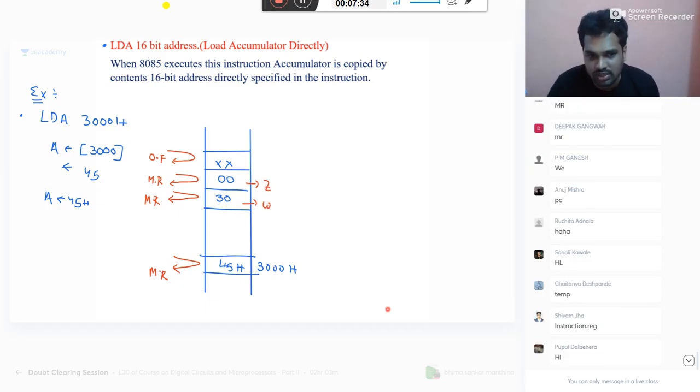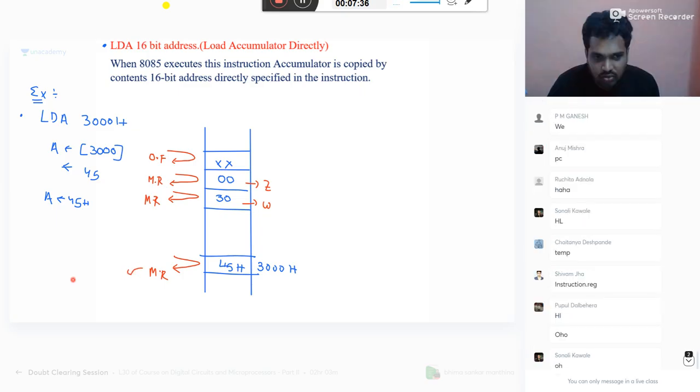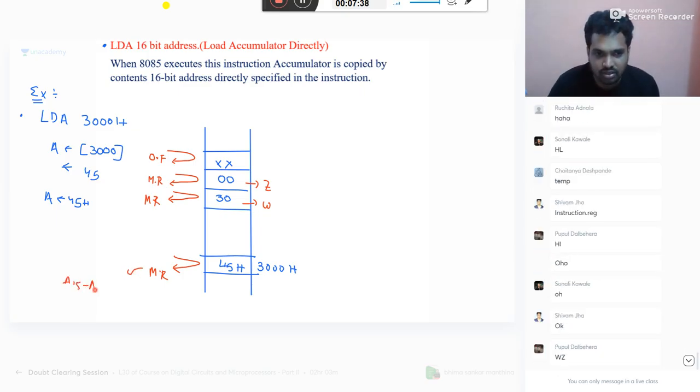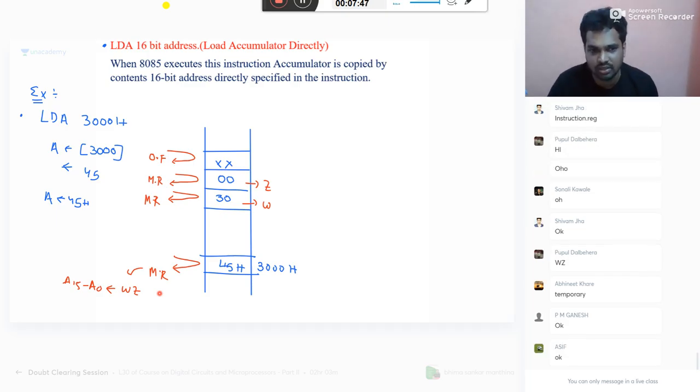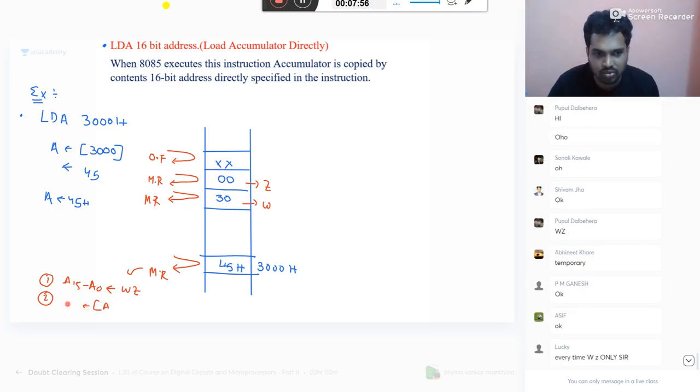Okay. So during this memory read machine cycle, your address bus will be copied with whom? WZ. Okay. The address bus is copied with WZ. This is the first machine cycle. In the second machine cycle, what happens? That content is copied into the data bus.